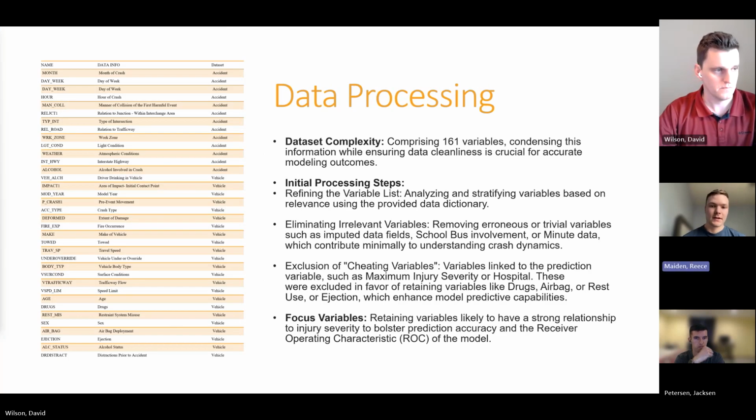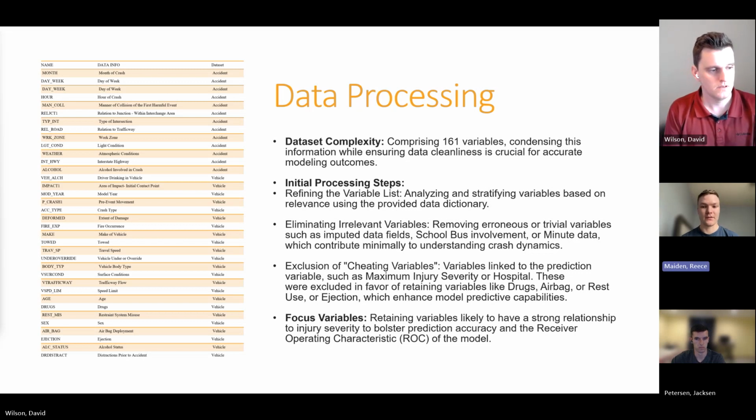For data processing, we're given the four data sets, which comprise 141 total variables. So condensing this information is the first task that we have. This is done by reviewing the data dictionary to analyze and stratify the variables based on perceived relevance.